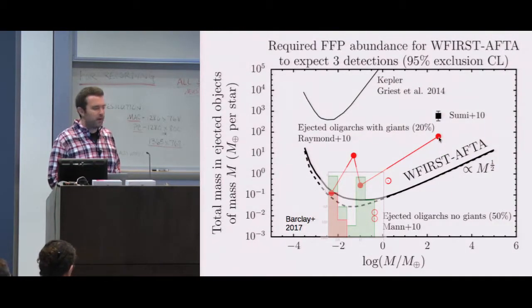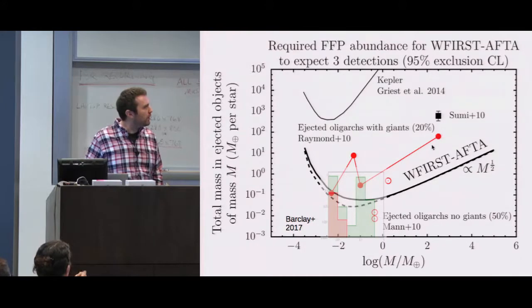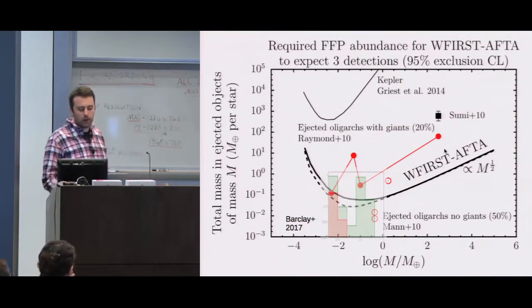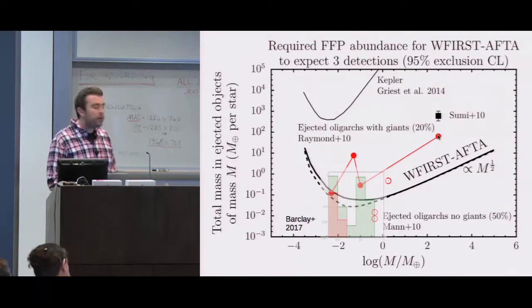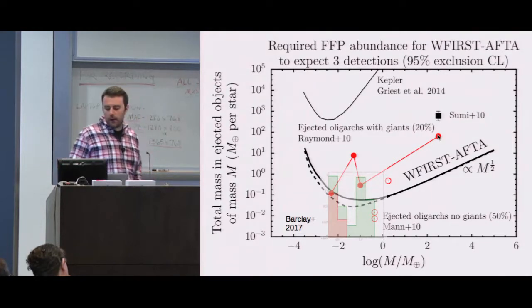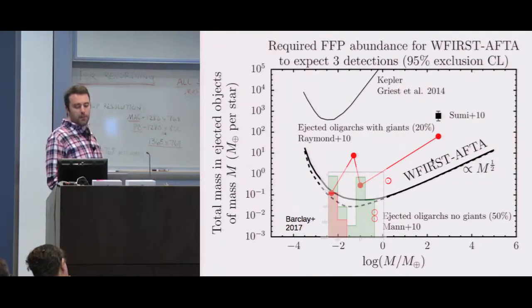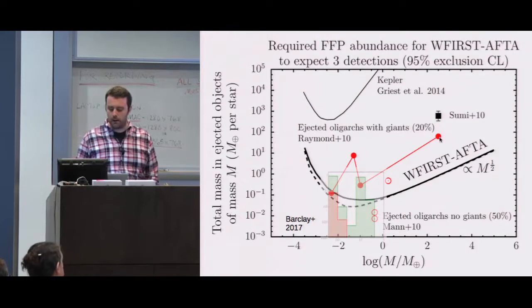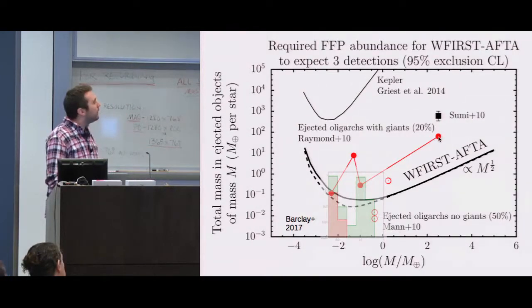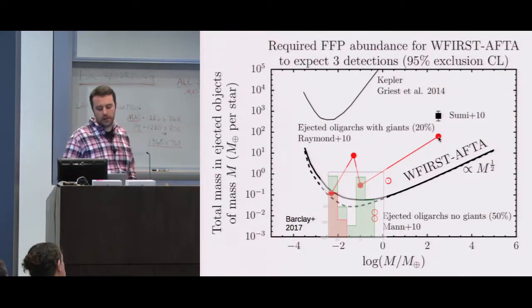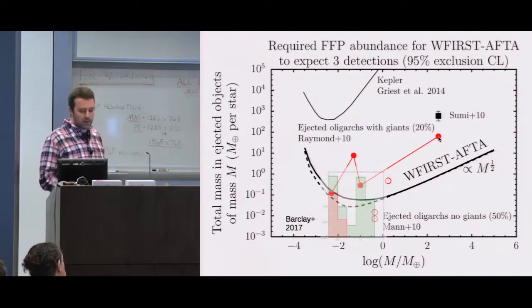I can't remember where the new OGLE limit comes on this, but it's lower. Okay. So if this model is correct for how many free-floating planets there should be, then WFIRST won't just be reaching limits at that kind of level. It will be detecting lots of them.